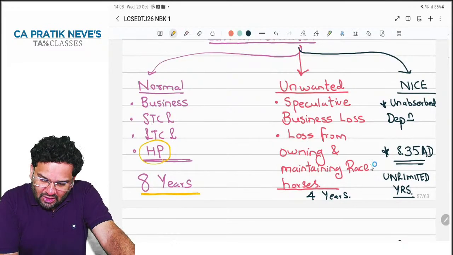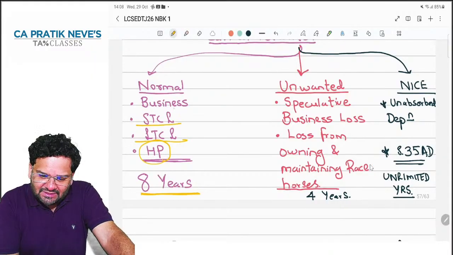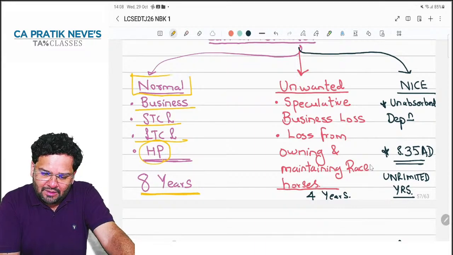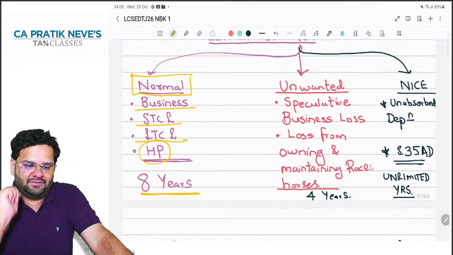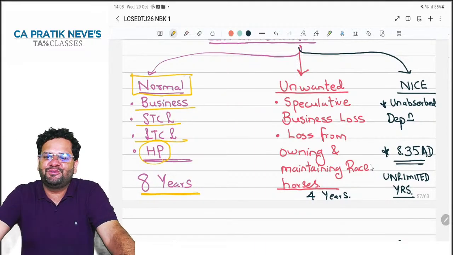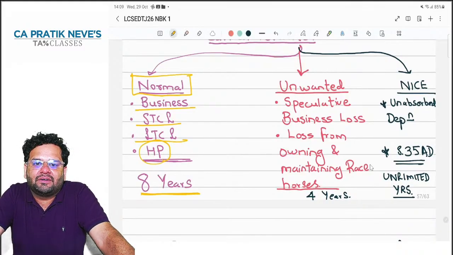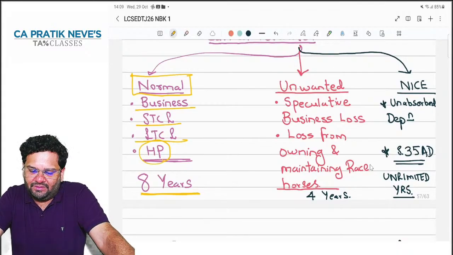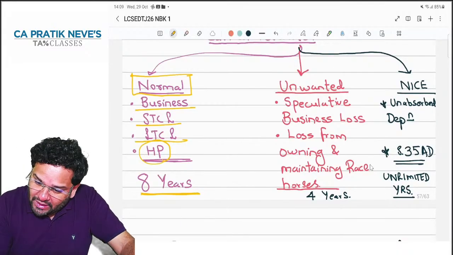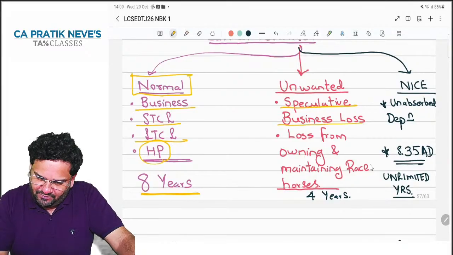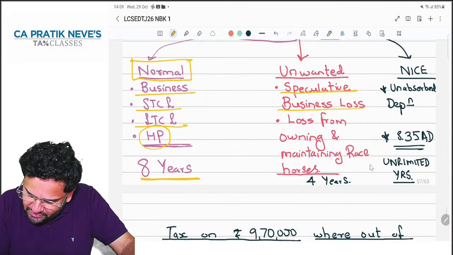Then STCG, LTCG, normal business loss, these all can be carried forward for how many years? Once write in the chat window. They can be carried forward for 8 years. Then speculative loss, loss from speculative business, it can be carried forward for 4 years.